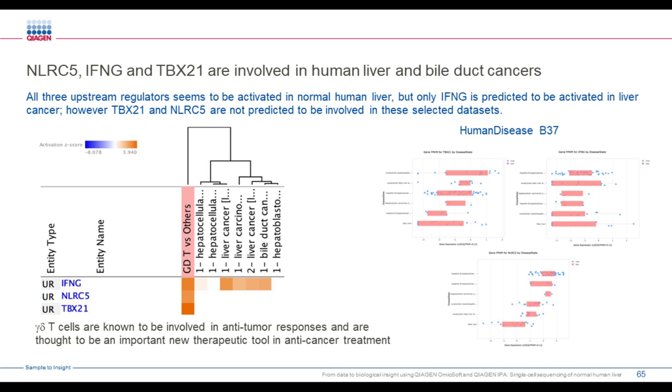We can also look in a section called human disease: what is the expression level in particular diseases of the liver? These compounds are expressed: TBX21, interferon, and NLRC5. Here is just a very quick representation. Maybe you don't see it well, but in situations of inflammatory disease, TBX21 is highly expressed, interferon much less, and NLRC5 a lot.